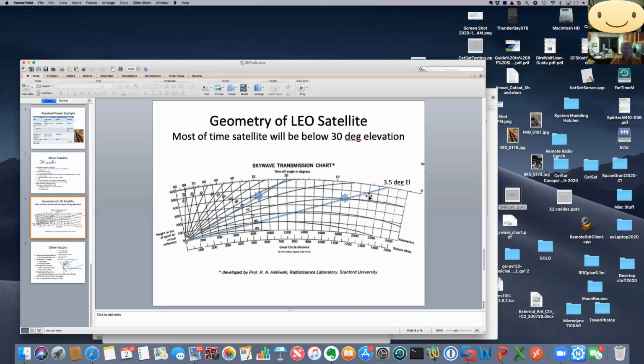And that time is dramatically affected by the height. So there's two things that happen. One is that higher satellites are going to be above the horizon for longer, and also you're going to get more passes.